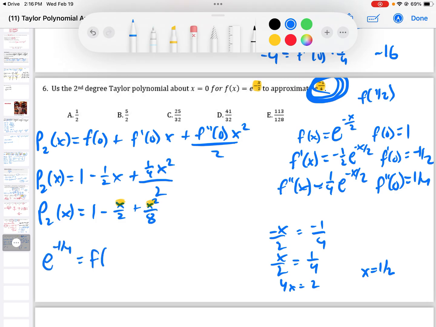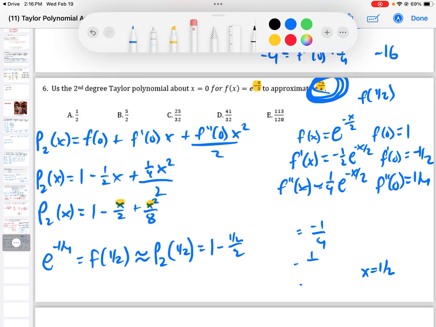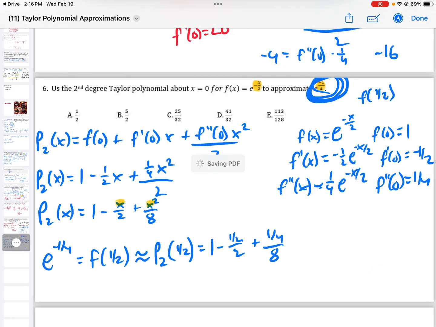I don't need this as a multiple choice, but e to the negative 1/4 is equal to f of 1/2, which is approximately equal to the second degree Taylor polynomial at 1/2, which is equal to 1 minus a half over 2 plus 1/2 squared, which is 1/4, over 8.